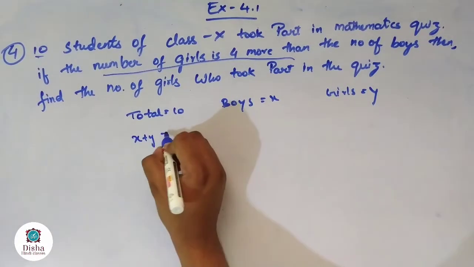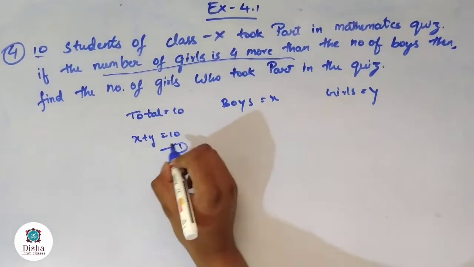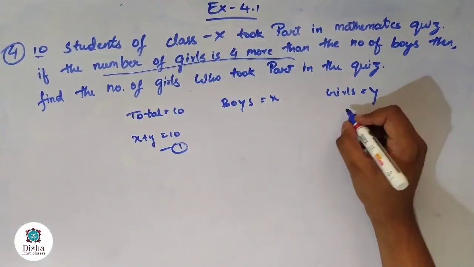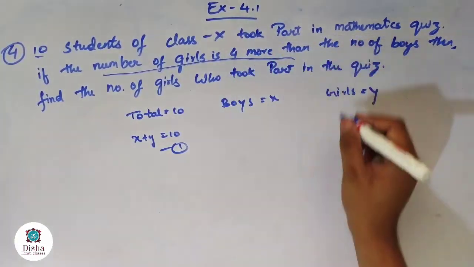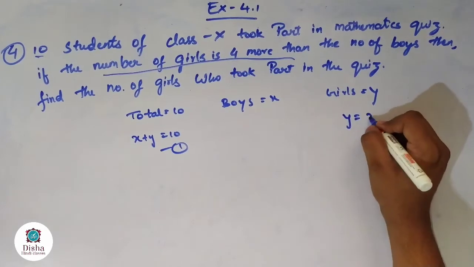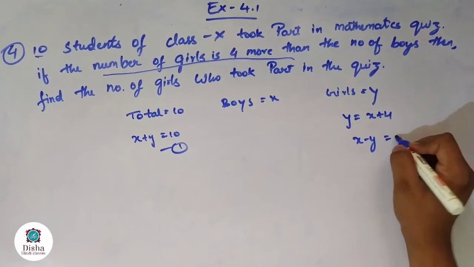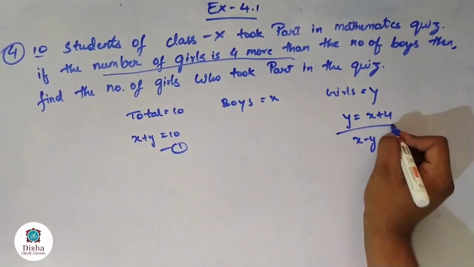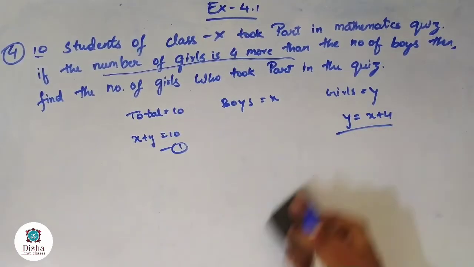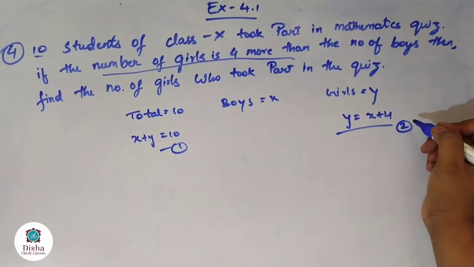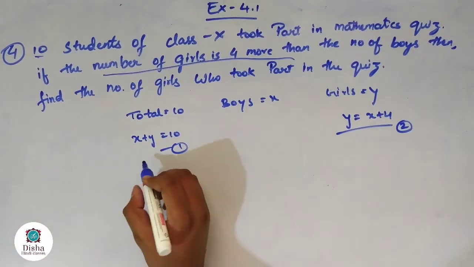X plus Y equals to 10 is the first equation. So here girls equals to, how many are girls? 4 more than the boys. So Y equals to X plus 4. So X minus Y equals to minus 4, or Y equals to X plus 4 you can take as second equation. So now we'll draw the graph.